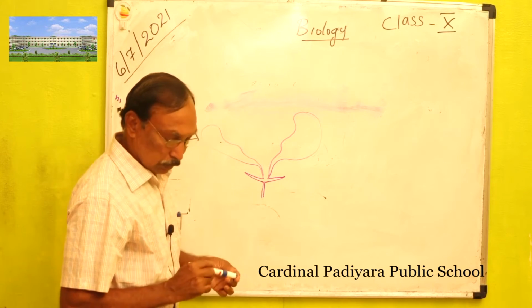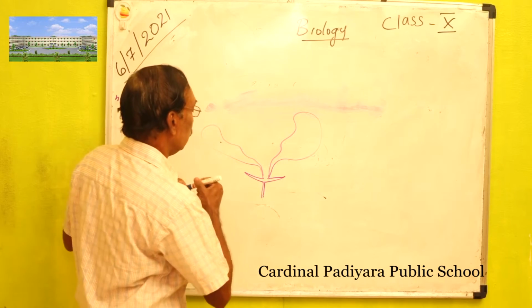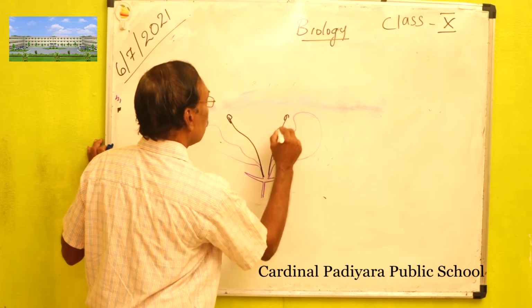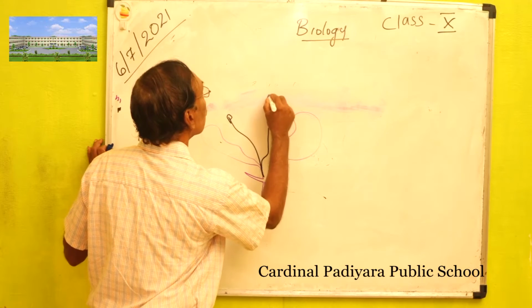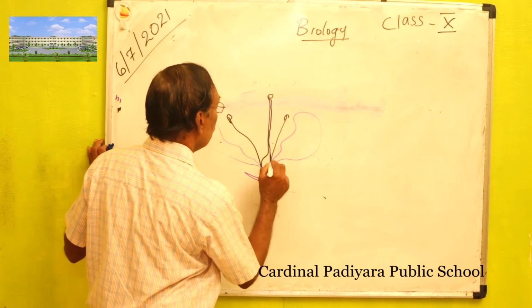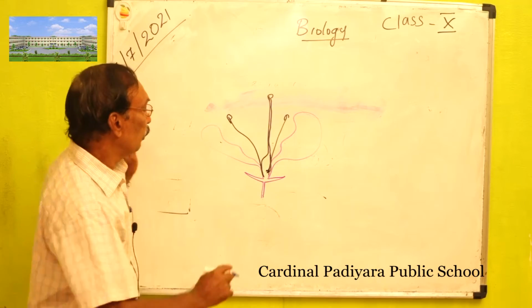So if you examine a flower, 4 different parts are there.